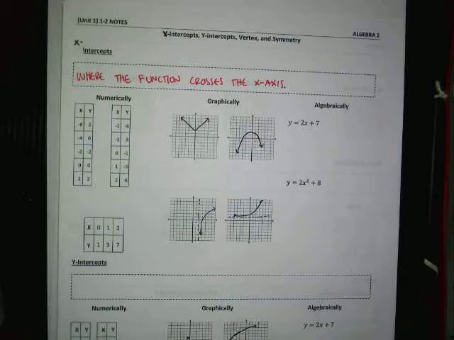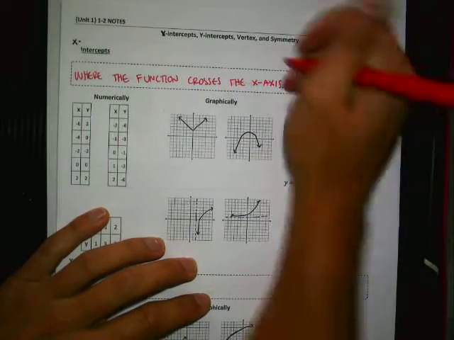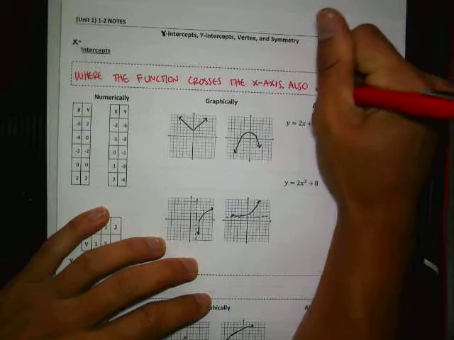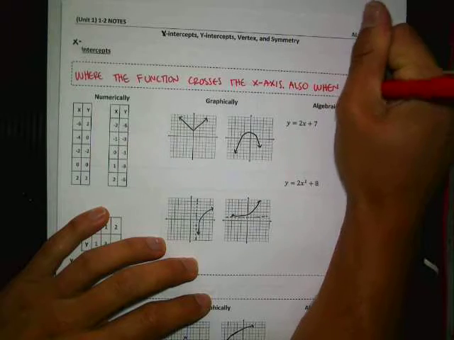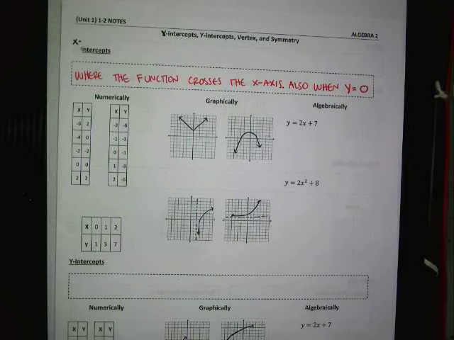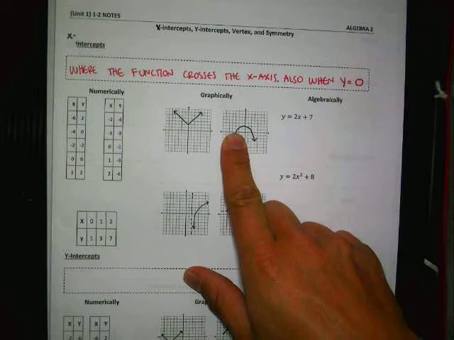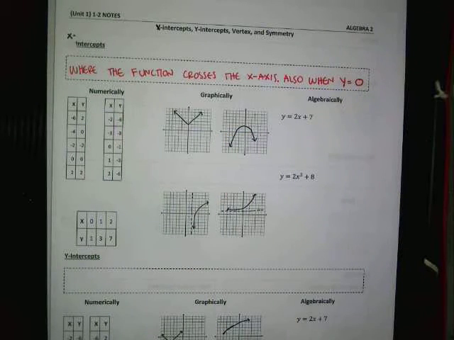But it's where it's going to cross the x-axis, and another really important piece of information is that it's also when y equals 0. Which makes sense, right? Because if we are looking at the x-intercepts here and here, the y value is 0. Right? The lines of the graph.